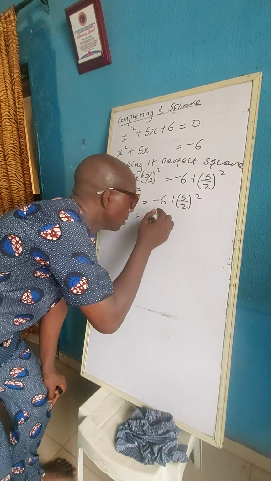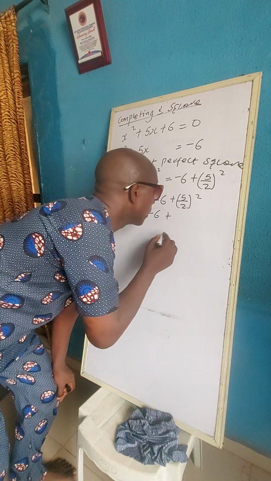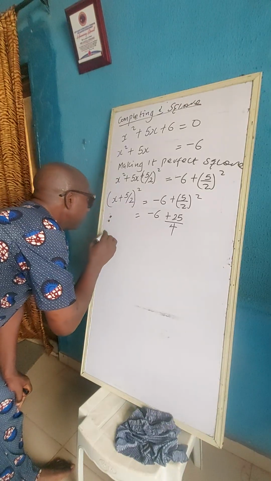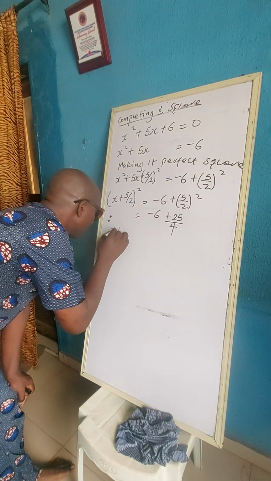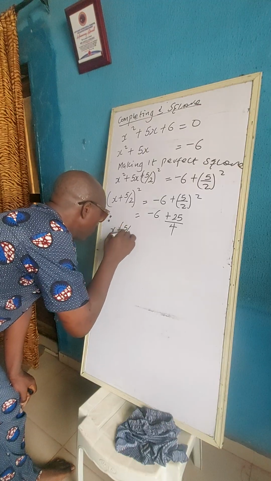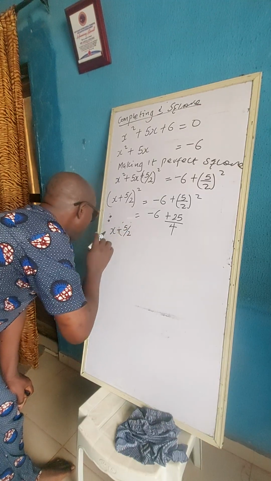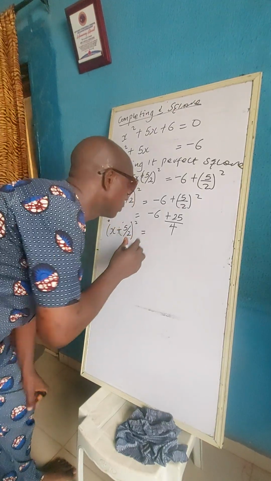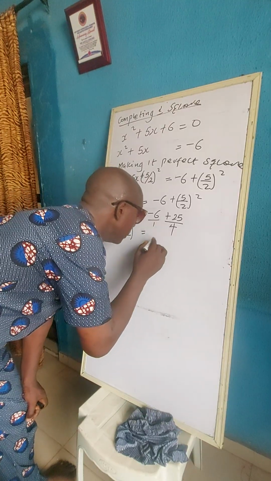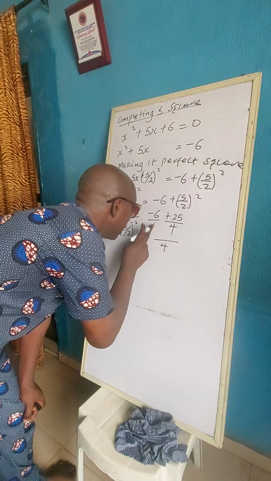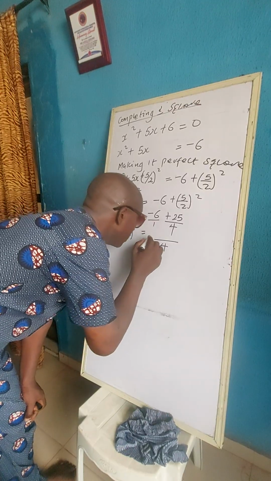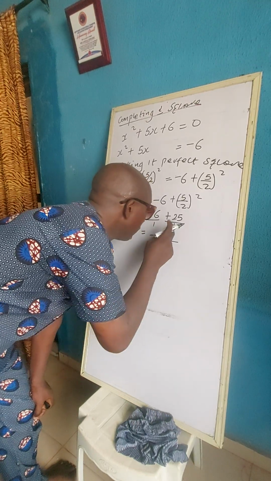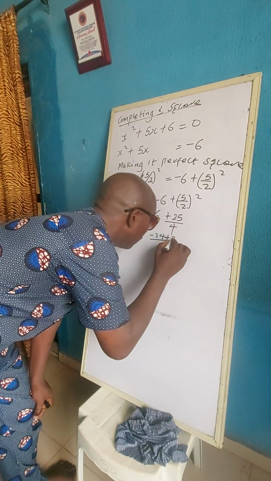Minus 6 plus 5 squared is 25 over 4. This becomes x plus 5 over 2 all squared equal to, what's the LCM of this? Let's find the LCM. 4 times 6 is 24, and 4 into 4 is 1, 1 times 25 is 25.